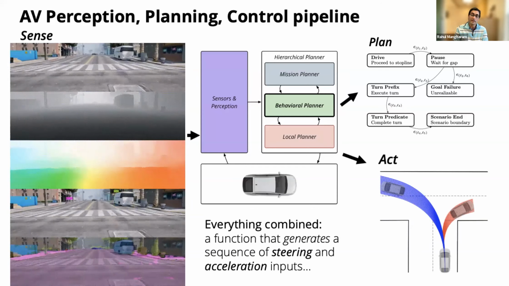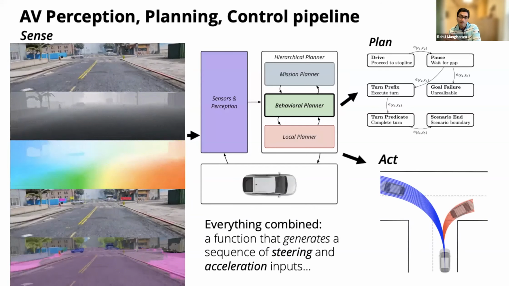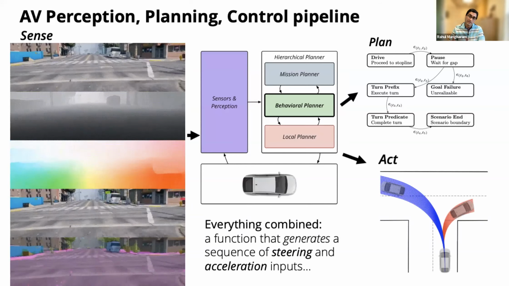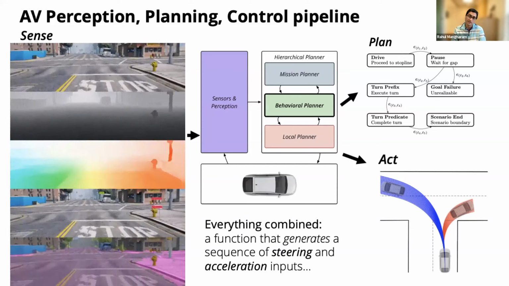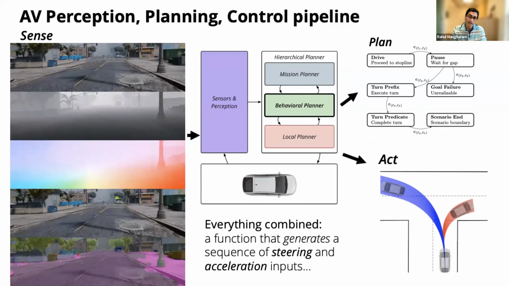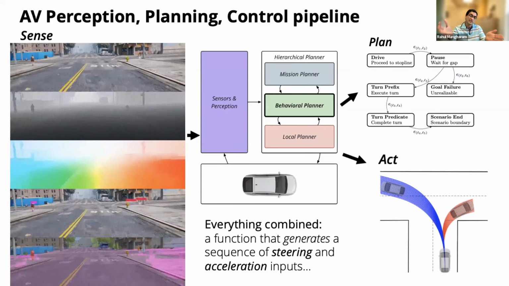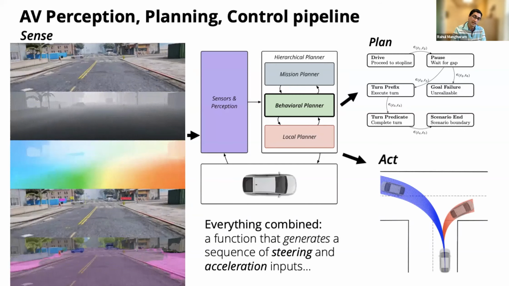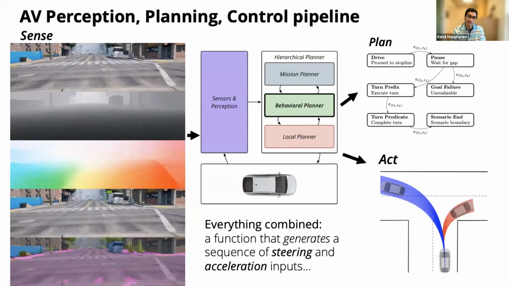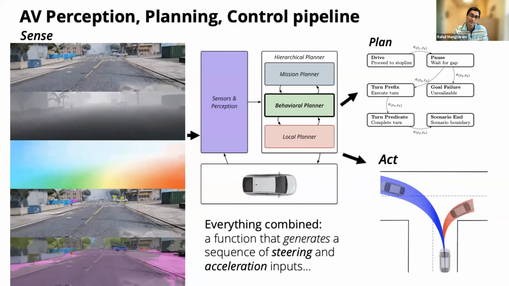And then the local planner says, okay, fine, you want to get onto this on-ramp. And then the local planner is just planning ahead, maybe 100 milliseconds or 100 meters ahead. And it's just saying, okay, these are the possible trajectories that you can take. These are good trajectories. This is the best one. Let's take that one. And then what your vehicle is doing is just now going to do trajectory tracking.